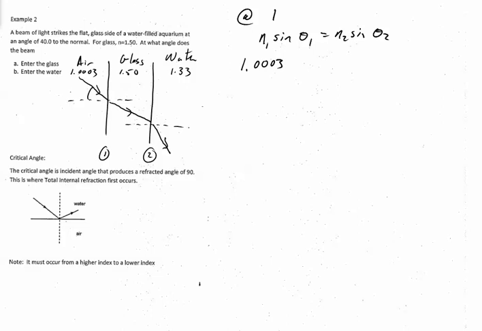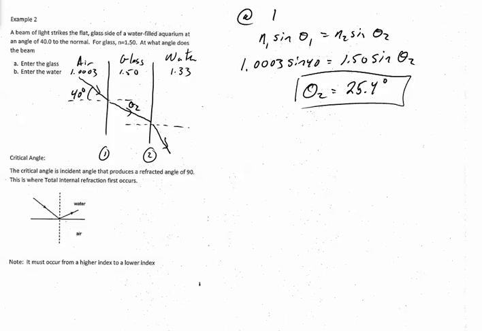So that's always between the normal and my incident ray. So that's going to be 40 degrees. I'm looking for this one here, which we'll call theta 2. So 1.0003 sine 40 is equal to my second medium, 1.50 sine theta 2. Again, I'll let you do the math, but we'll find that theta 2 should equal 25.4 degrees.